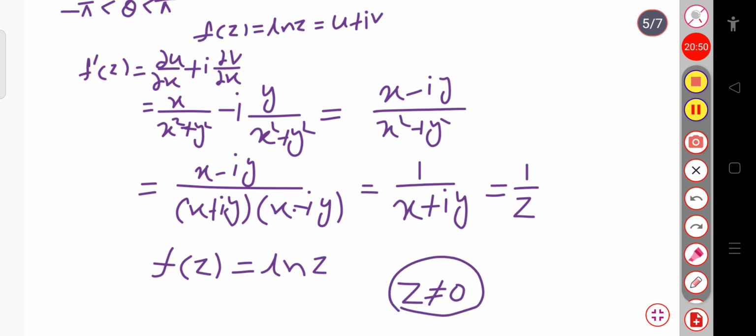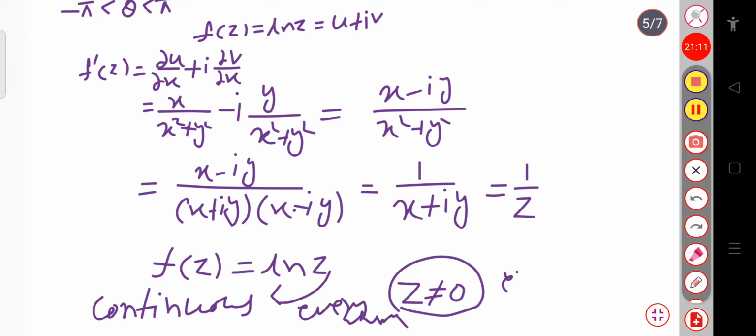It is continuous everywhere except when z is less than or equal to 0.